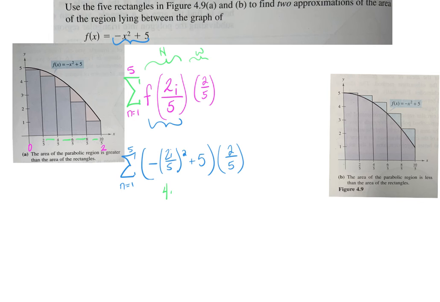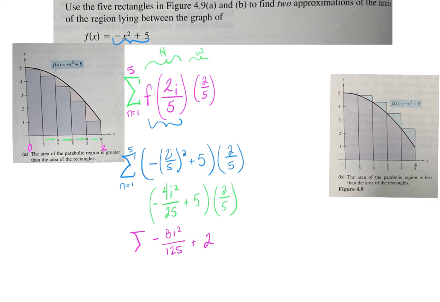I have a 4, an I squared, and a 5 squared, which is 25, and that's negative, plus 5, multiplied by 2/5, all right? I'm going to distribute that 2/5 through, right? So when I distribute this 2/5 here, I get negative 8 I squared over 125, plus this just becomes 2, right? Okay.